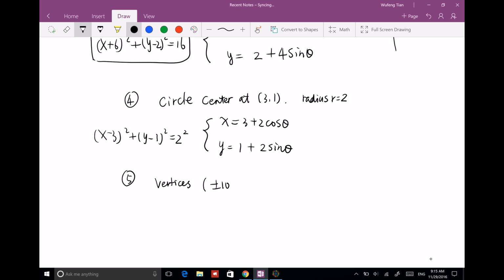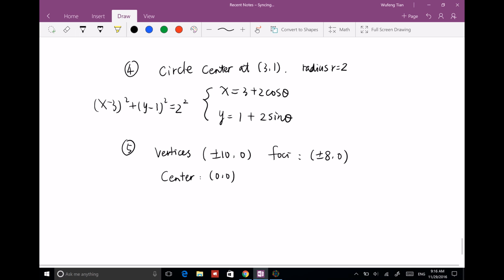Okay, so next, I want you to find the parametric equation for vertices at positive, negative 10, 0, and foci at positive, negative 8, 0, and center at 0, 0. No, find the ellipse for this one.